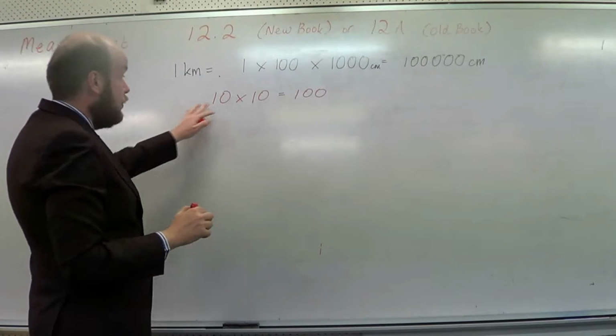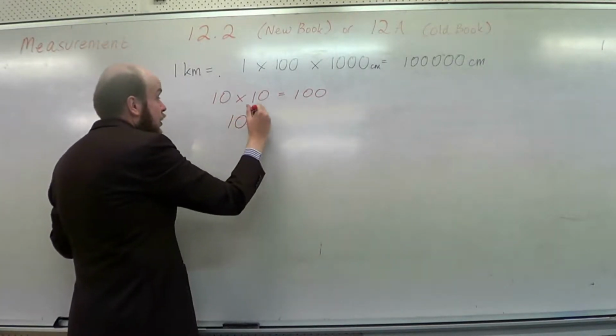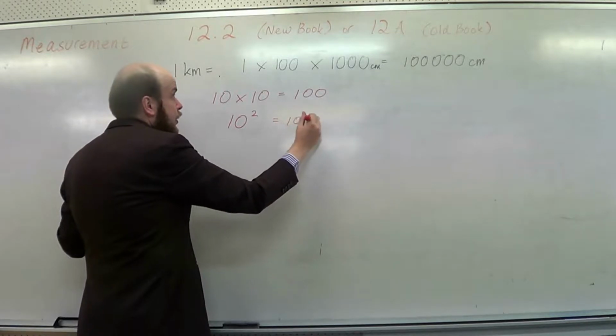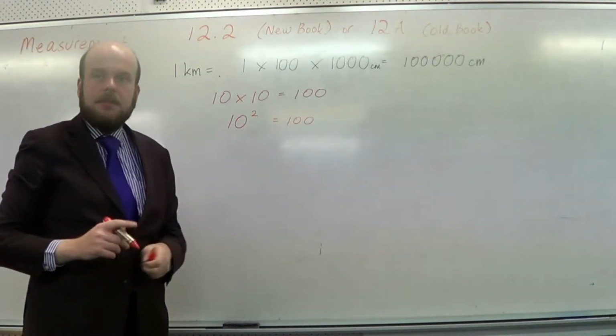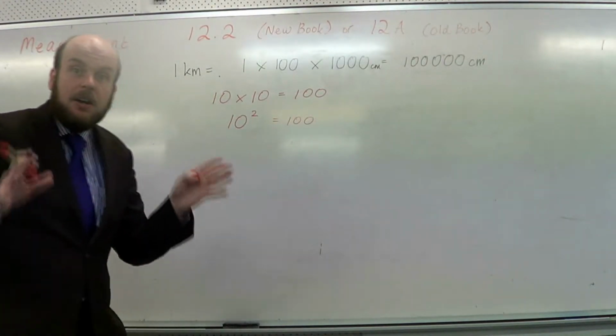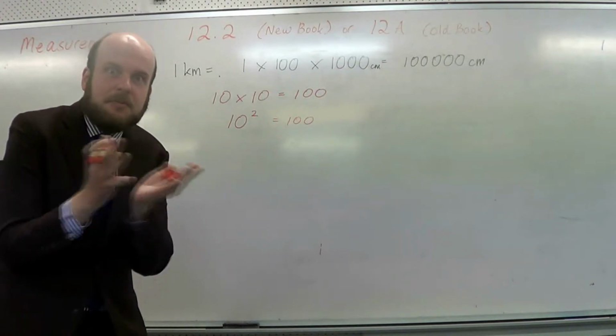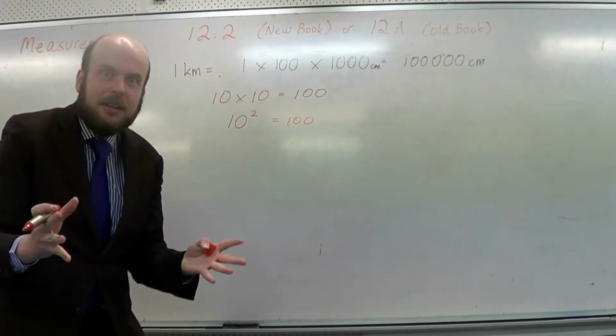Since it's multiplied by itself, this is the same as saying 10 squared. 10 squared is 100. That does not mean times 2. Please, just remember that squared does not mean times 2. Got that? Good.